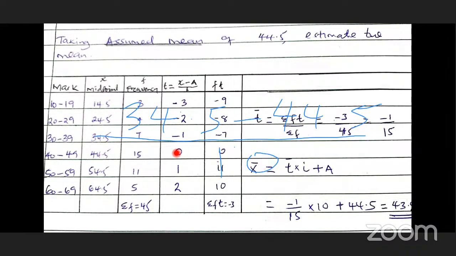The next is 50 to 59. So what is my X in that class? What is X? 54.5. So that is my X. So I put there 54.5.